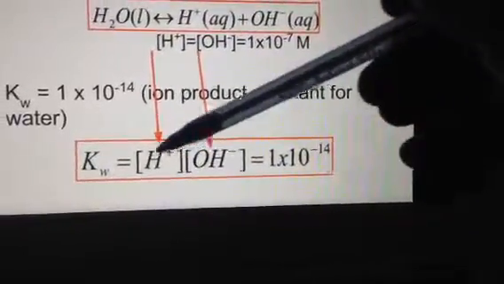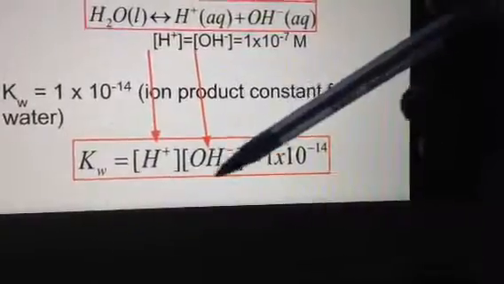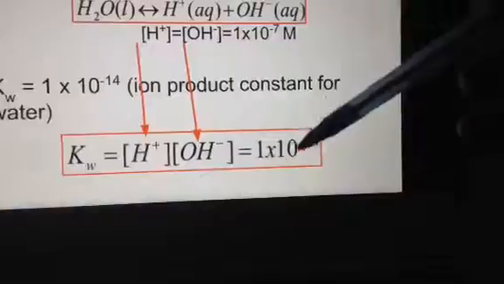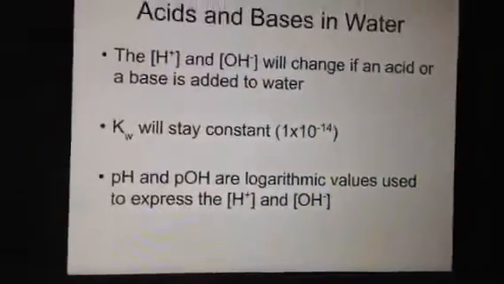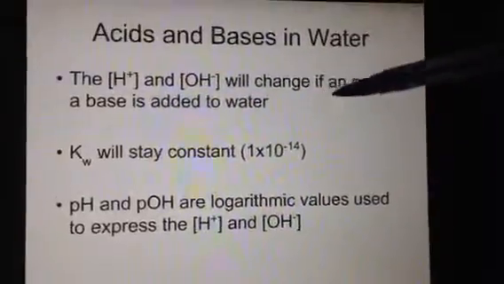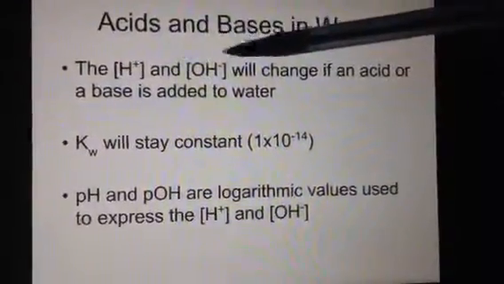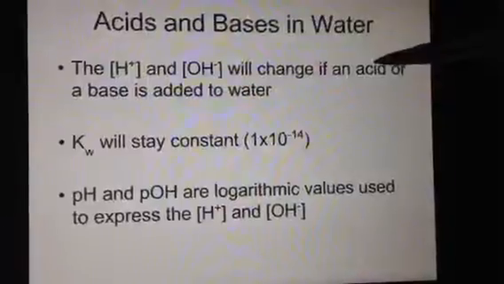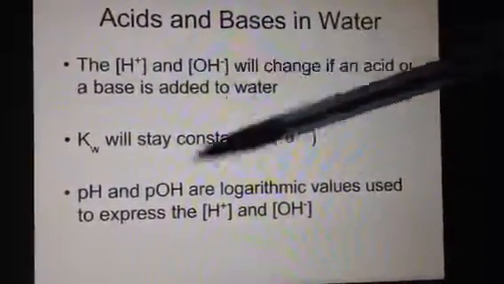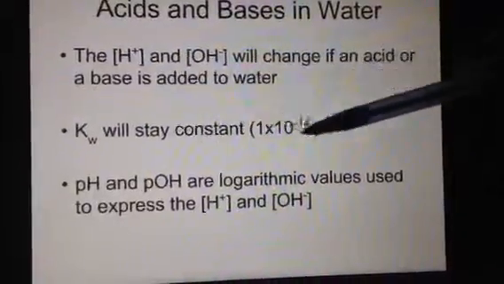If I have a ton of acid ions but fewer basic ions, I multiply their concentrations together and get 1 times 10 to the negative 14th. So essentially, the H plus and the OH minus can change if you add an acid or a base to water, but that Kw will always stay constant.